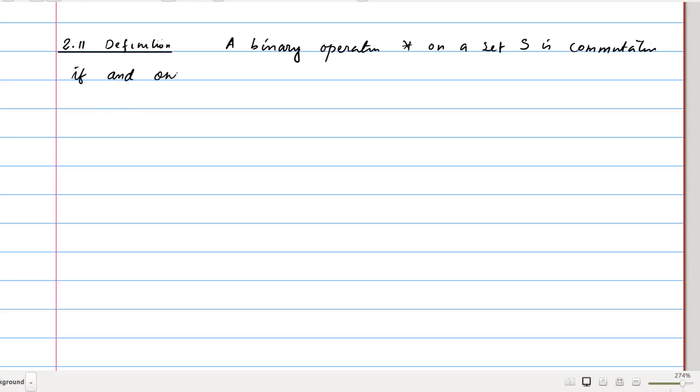This is the definition, that's why we say if and only if. A star B is the same as B star A for all A comma B belongs to S.